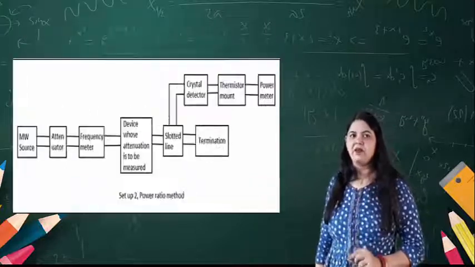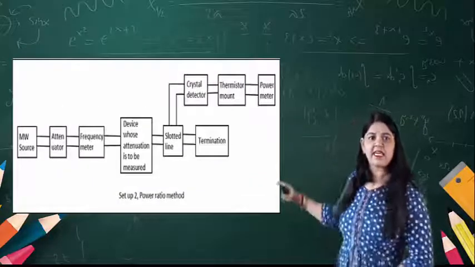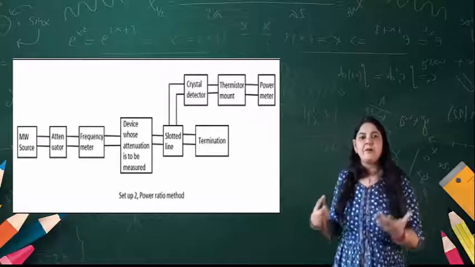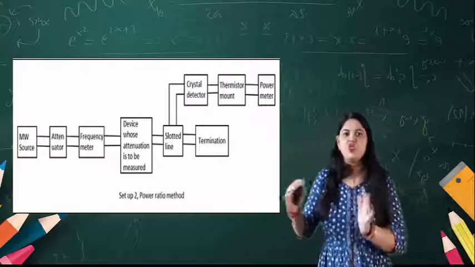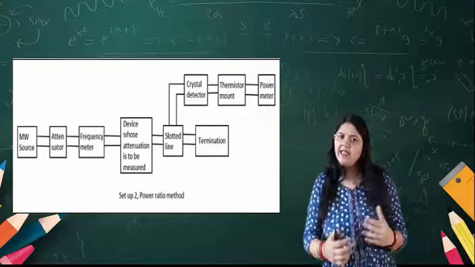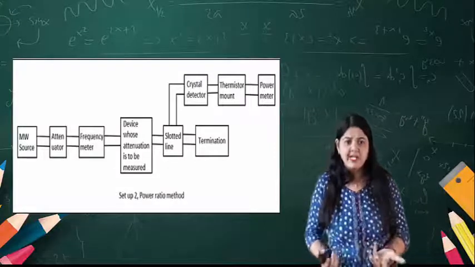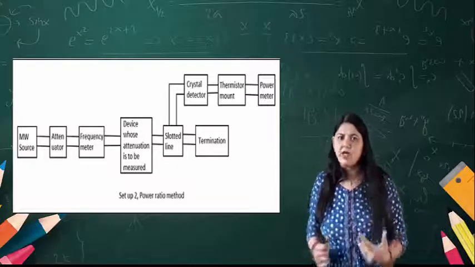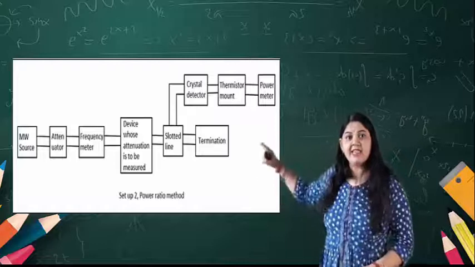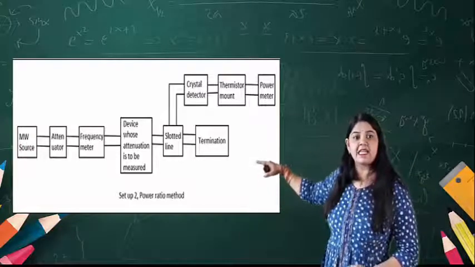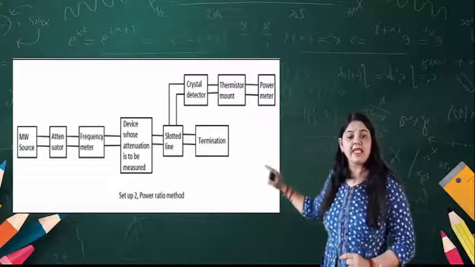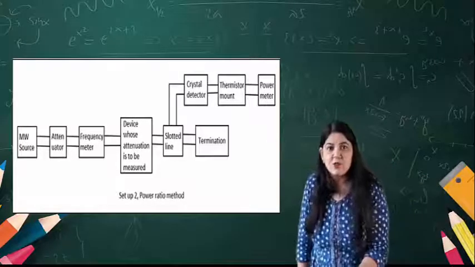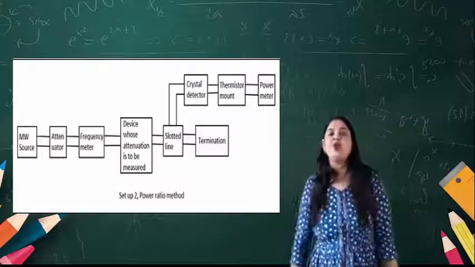Now the second setup. In the second setup, you can see that the microwave source provides the microwave signal to the attenuator, providing a certain amount of attenuation, given to the frequency meter, measuring the frequency, and there is the device under test, or the device whose attenuation is to be measured, and that output is given to the slotted line.